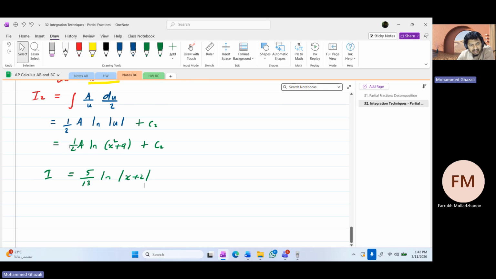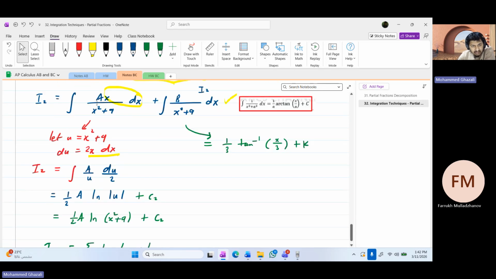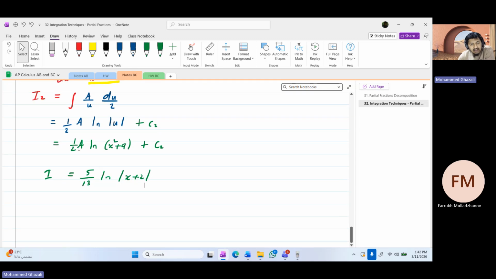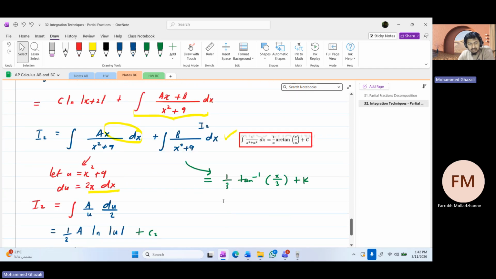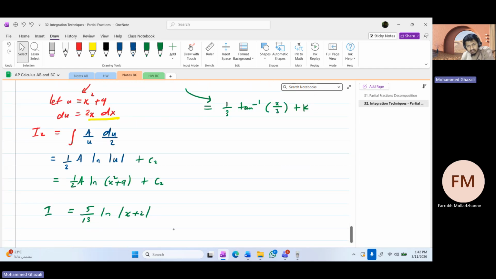Let's put the a as well. Let's put this integral also, and we'll put that arctan last. Half a, what is half a? Half a will be half into 8 over 13. Half of 8 is 4, so 4 over 13. So plus 4 over 13 ln x squared plus 9.